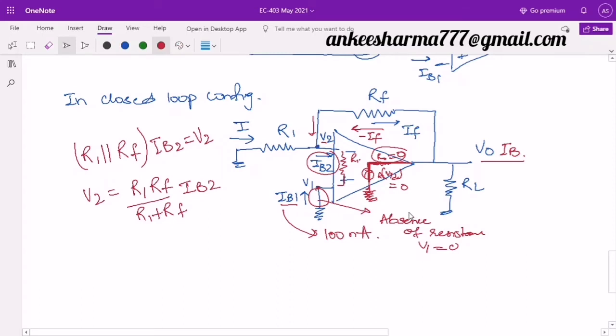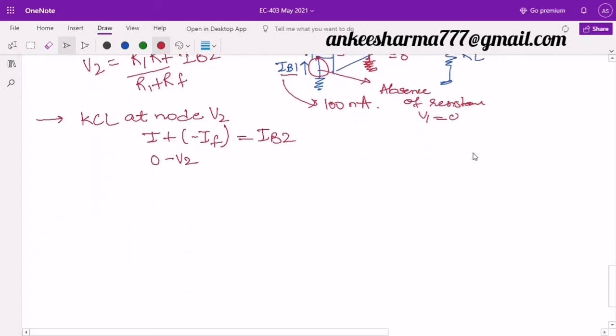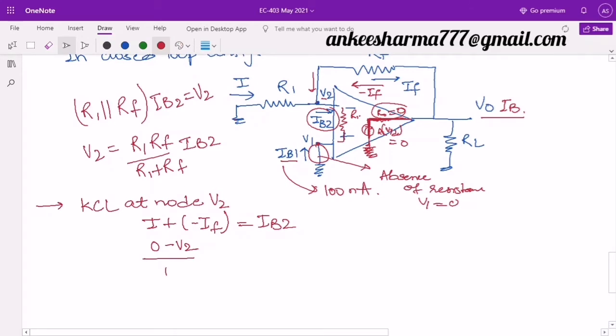So now let's try to find the KCL at node V2. Over here I will say it is equal to I plus minus IF, which is equal to IB2. So this is the simple KCL. I will be from ground to V2, so it is 0 minus V2 by R1, whereas this minus will be taken out.